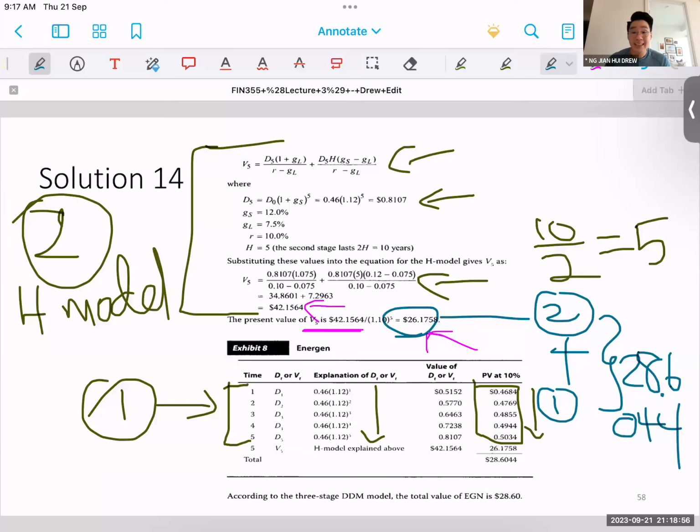So sometimes doing 10 stages, 20 stages might not be better than just doing 5 stages. So now you can see that actually the 3-stage is not so difficult to calculate. I hope you are able to appreciate that it's not really very tough. You just need to dissect the information carefully, understand each component, what you're doing, and draw the graph at the start, of course, so that you're able to visualize.